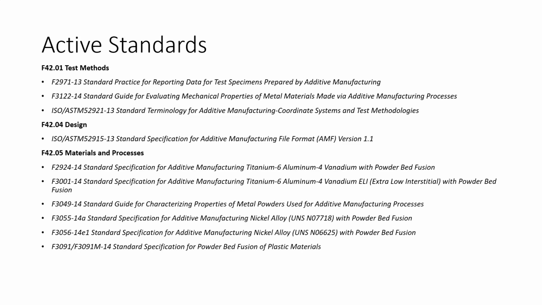We have a number of standards under the materials and processes subcommittee. Many of these deal with metal 3D printing, metal additive manufacturing, because that really is one of the processes that is most readily applicable to manufacturing and the technologies and products that are developed for consumer use.